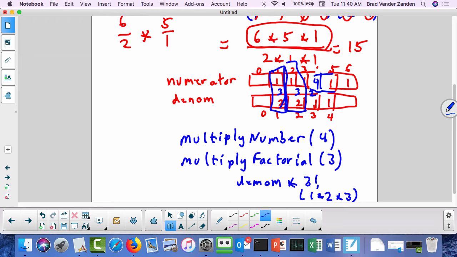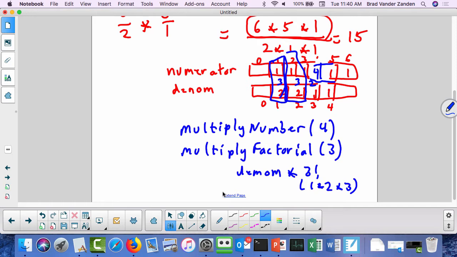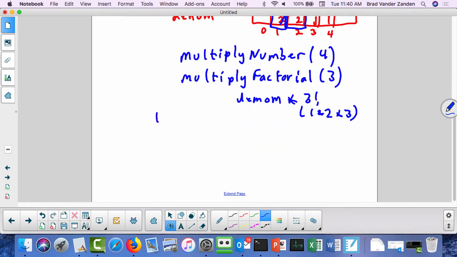So there are really 0 2s in the numerator and 2 2s in the denominator, just using your cancellation.